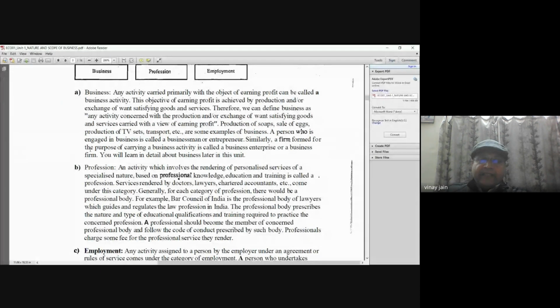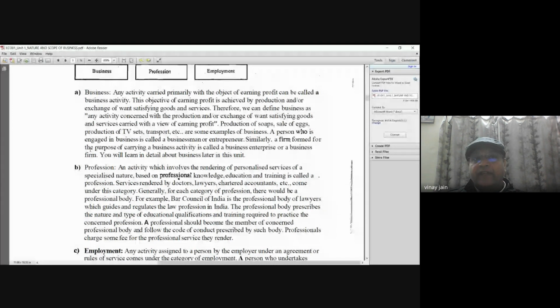Guys, the important thing is that your main motivating factor is profit. If you are carrying on an activity with the objective of getting profit out of it, that would be a business activity. This objective of earning profit is achieved by production and or exchange of want satisfying goods and services.